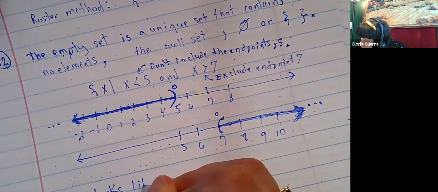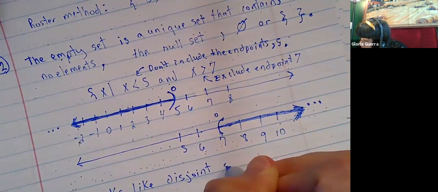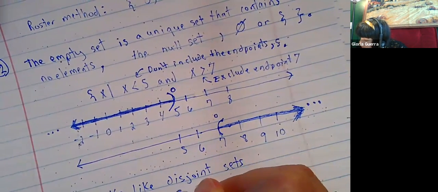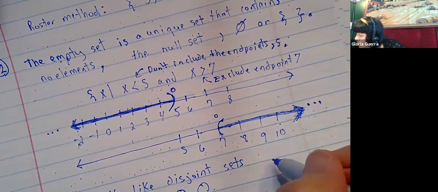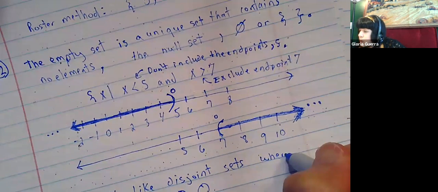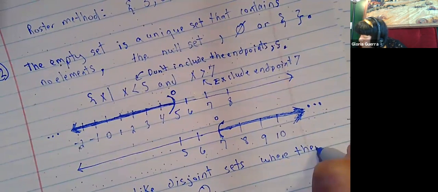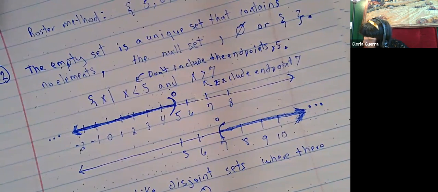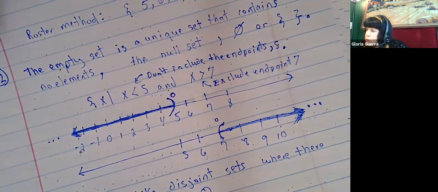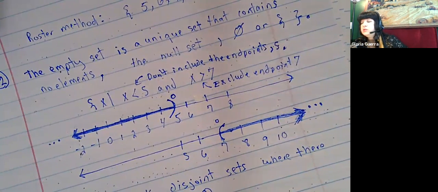Disjoint sets, where there are no elements in common. So disjoint sets have no elements in common.